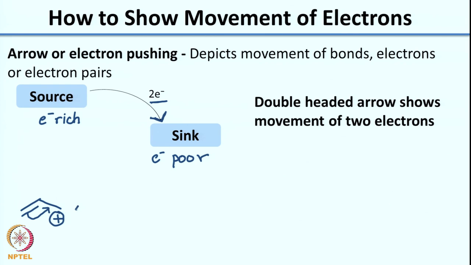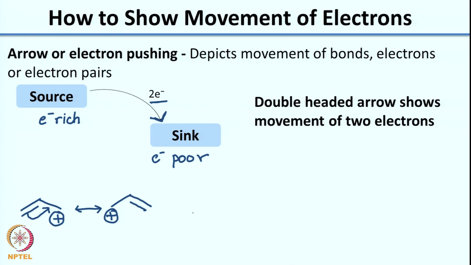Now that these electrons move, this carbon becomes electron deficient. So, what you end up getting is you end up forming a new double bond and a positive charge here. Make sure you draw the direction as I have shown you here, otherwise it would be incorrect.